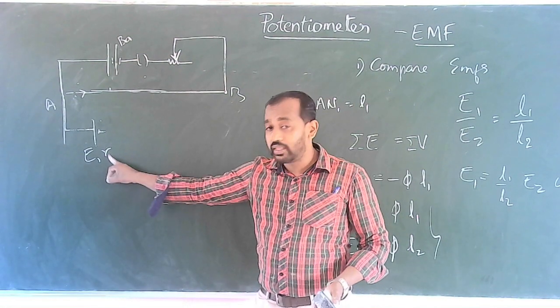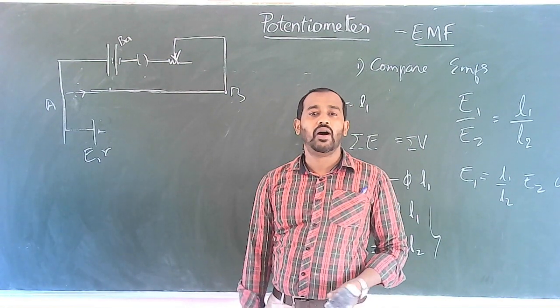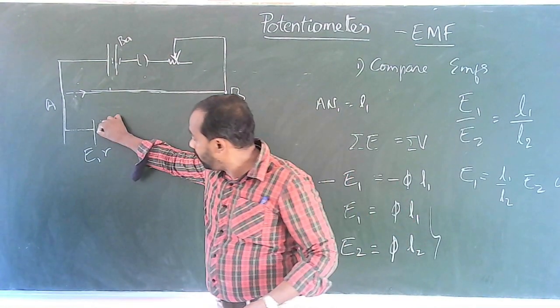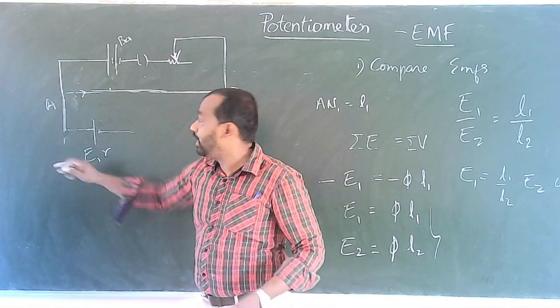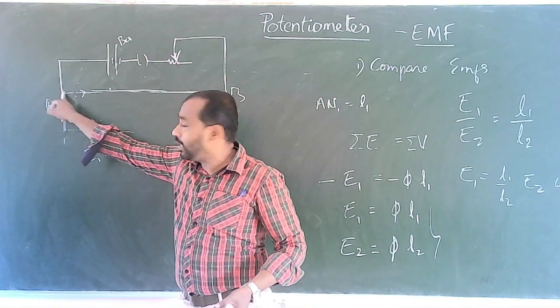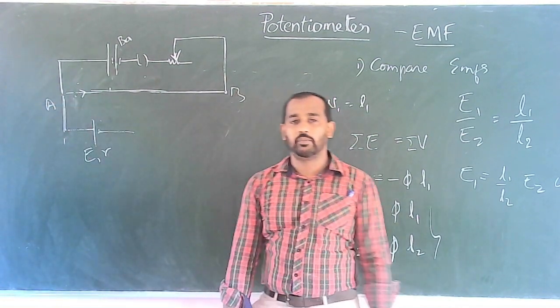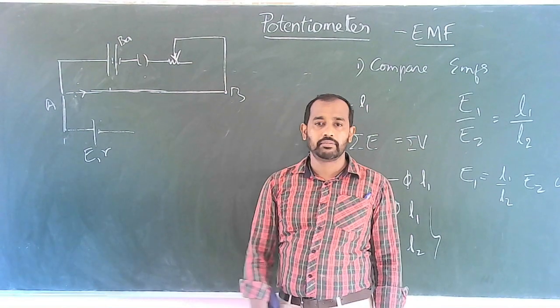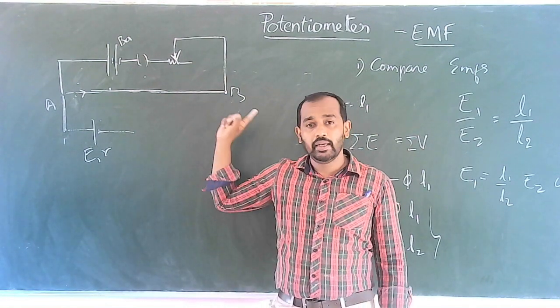We need to find out the value of r now. How do we do that? We are going to connect again the positive of the cell and the positive of the battery to the same point, which is taken as the starting point. That is treated as A. The other one is the end point, that will be B.